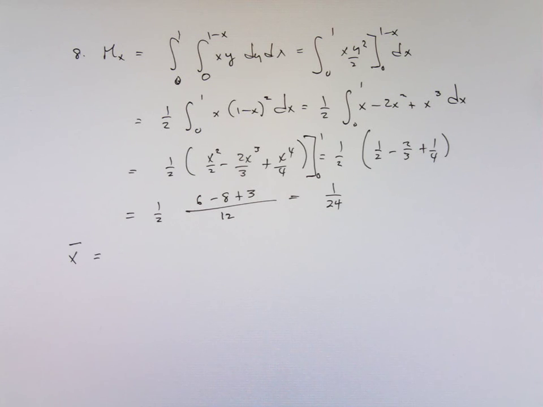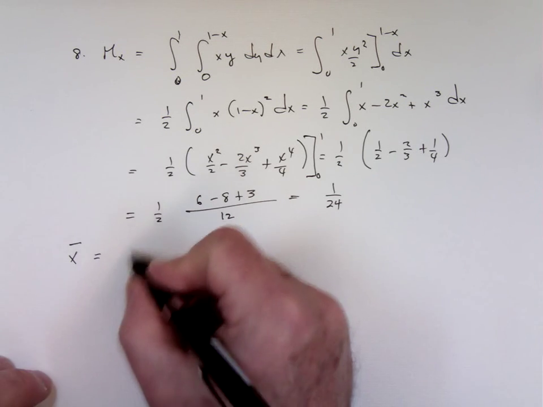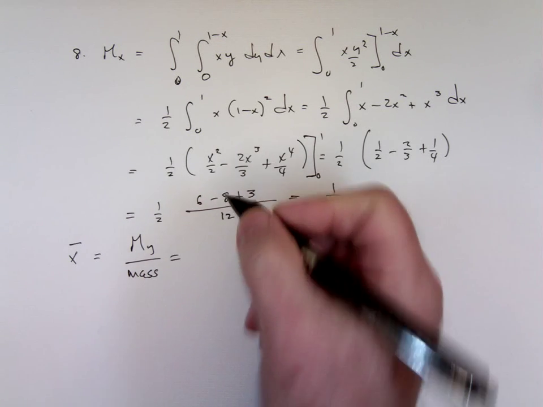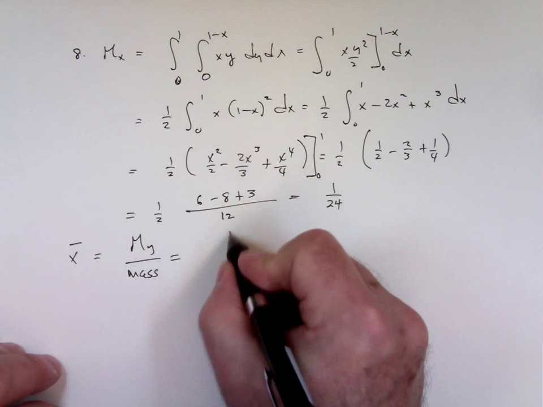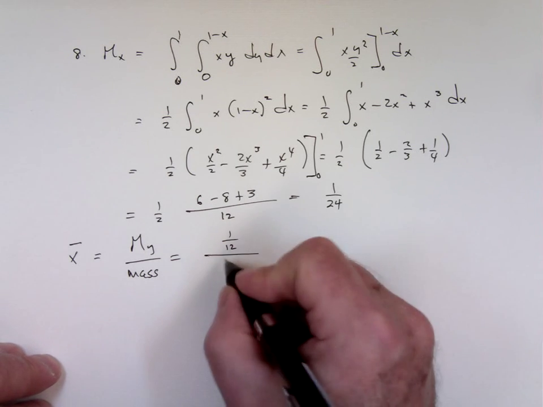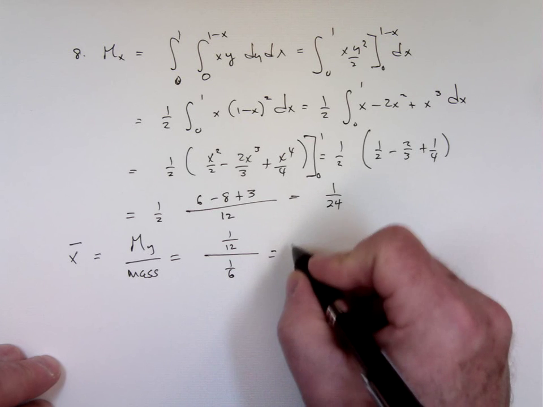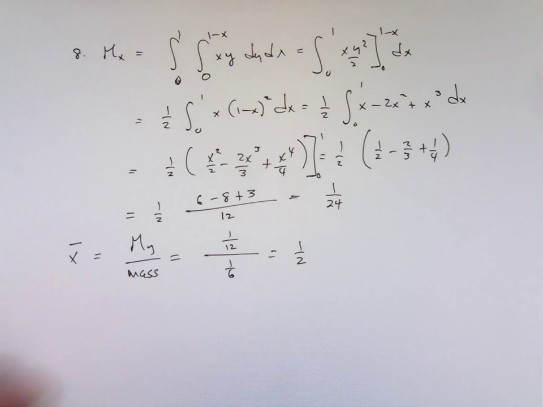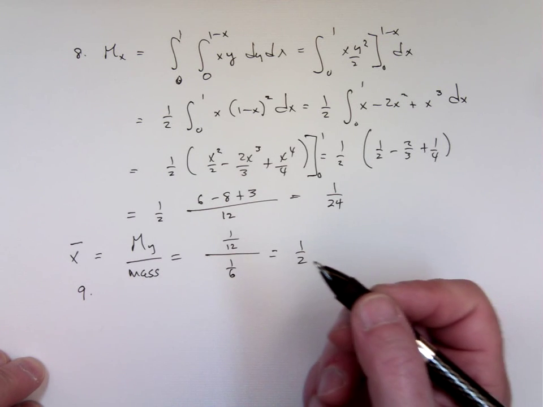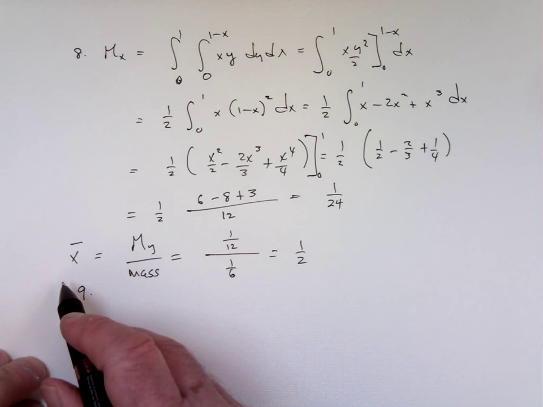Okay. Nice. Moment from the y-axis over the mass. Moment from the y-axis we said was 1/12. The mass we said was 1/6. That's 6/12, 1/2. X bar is 1/2. Number 9 is X bar, so that was X bar.